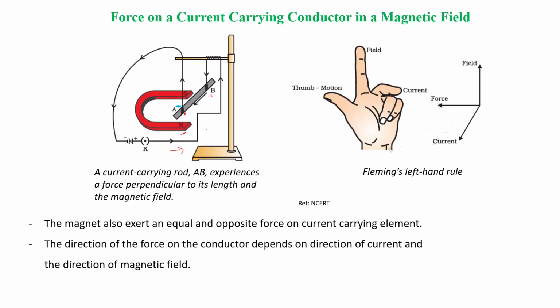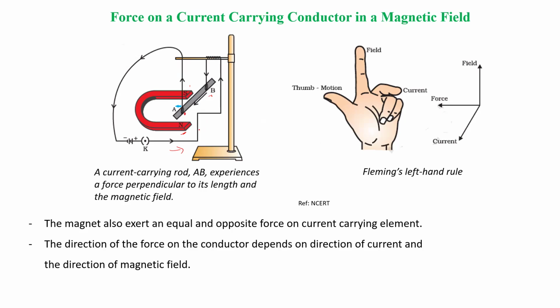So how will we find the direction? Earlier we had the right hand thumb rule, where we tried to find the direction of the magnetic field. Now we are trying to find the direction of the field, motion and current.